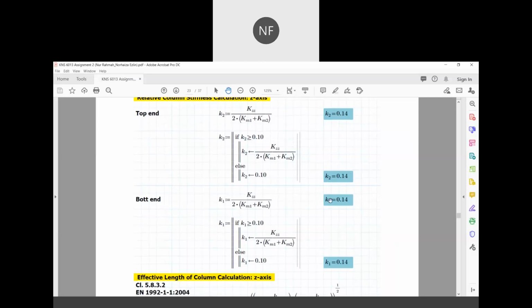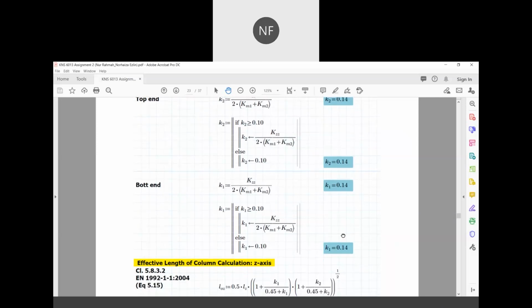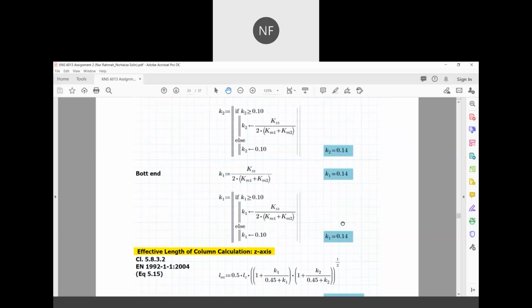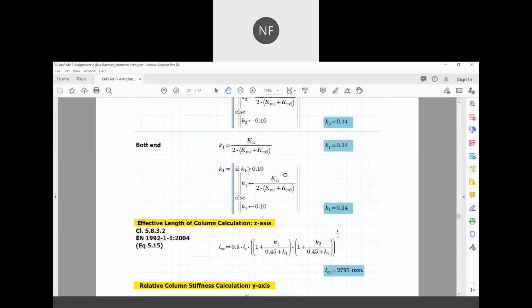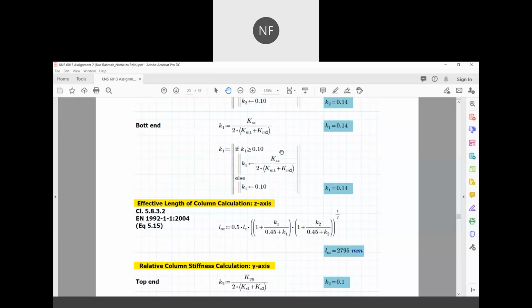And here's the condition: we are choosing the number that is greater than the comparison given. Same as the bottom end, we're choosing K1 equal to 0.14.